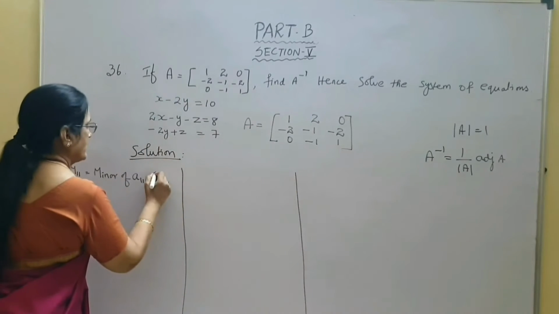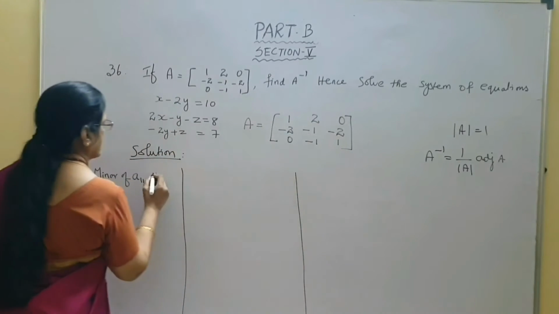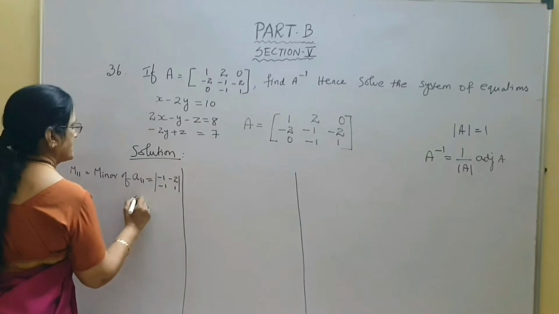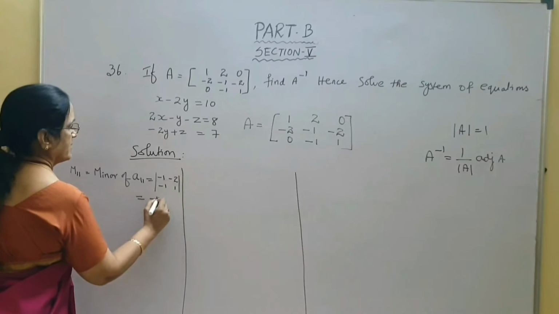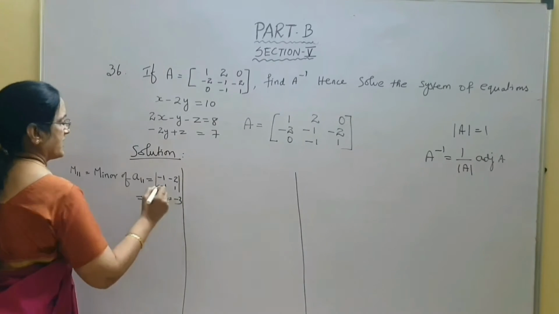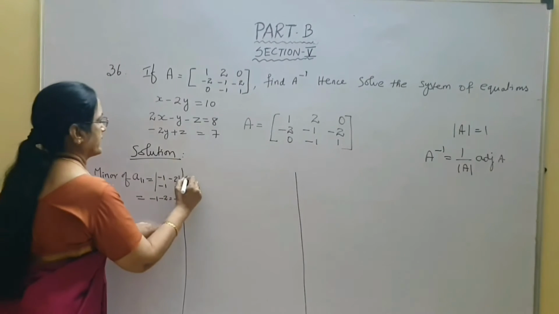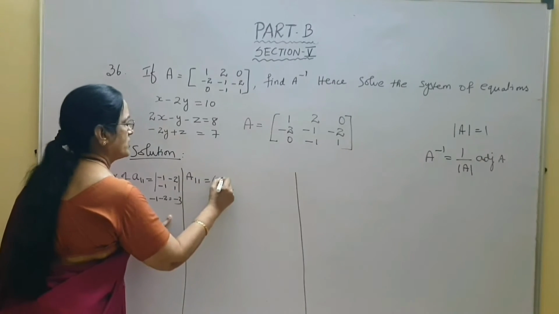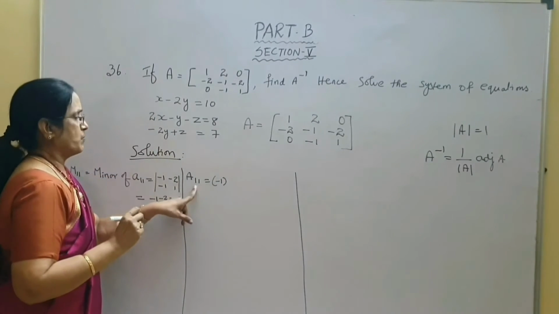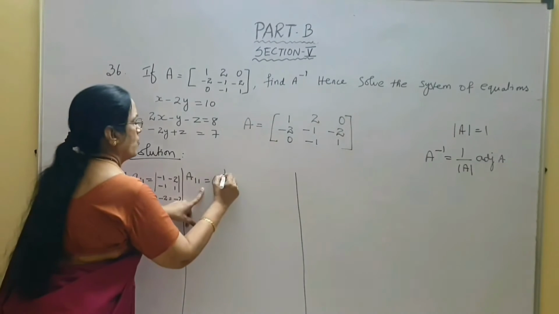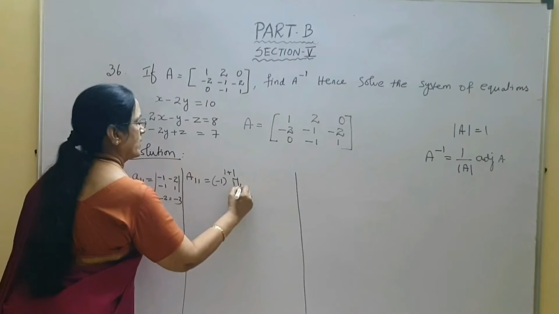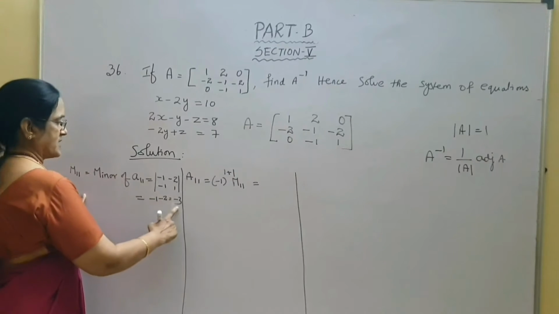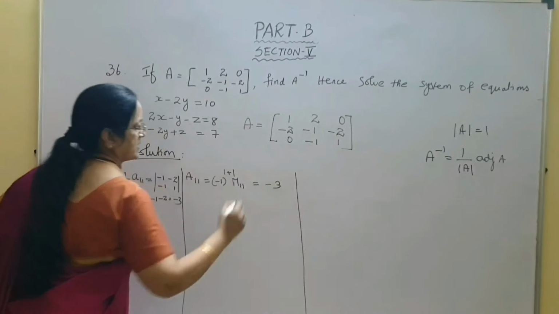So it is going to be determinant minus 1, minus 2, minus 1, 1, which is nothing but minus 1 then minus 2, which is minus 3. The corresponding cofactor will be capital A11, which is minus 1 to the power i plus j. That is both i and j are 1 here. So 1 plus 1 into M11, which is here minus 1 the whole square is 1. M11 is minus 3. So it is going to be minus 3.